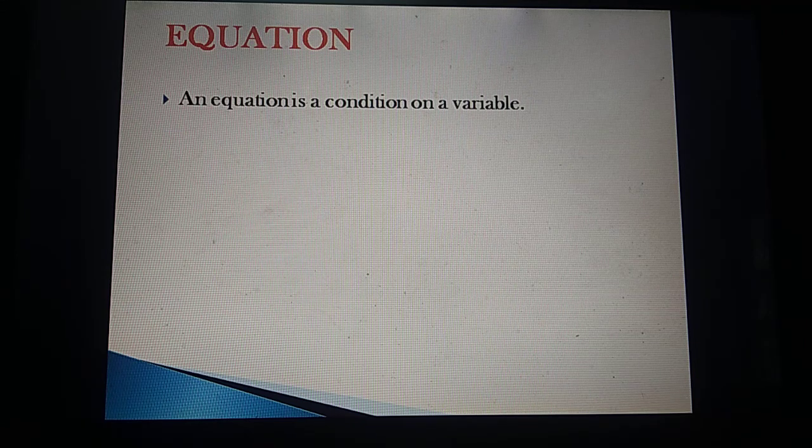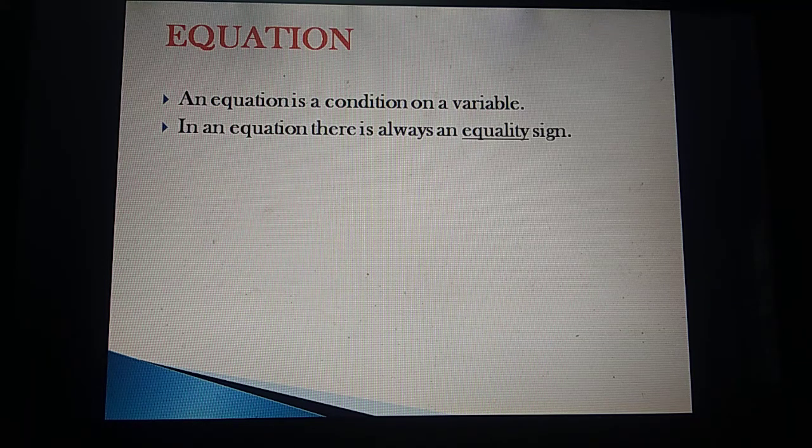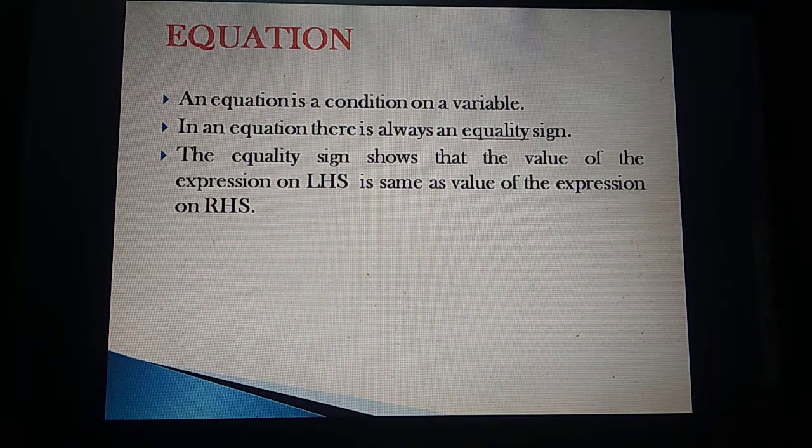Now moving to equation. Now what is an equation? An equation is a condition on a variable. In an equation there is always an equality sign. Equality sign means there will be an equal to sign. The equality sign shows that the value of the expression on LHS is the same as the value of the expression on RHS.